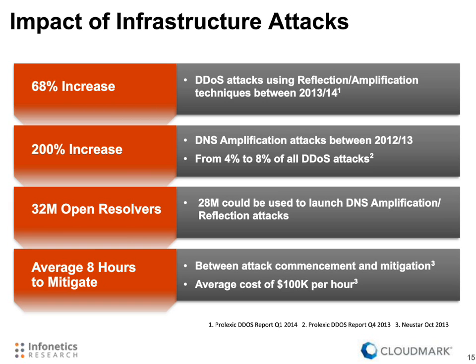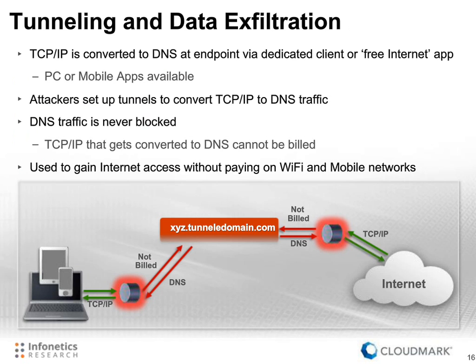Neil? Thanks, Jeff. So tunneling and data exfiltration, as Jeff mentioned, is sort of the new wave of what people are starting to get concerned about with DNS. And if you go back to why this is starting to happen, you have to think about what Jeff said earlier. DNS is a utility. DNS is passing through port 53 on almost all firewalls, and is generally not being monitored from a security perspective.